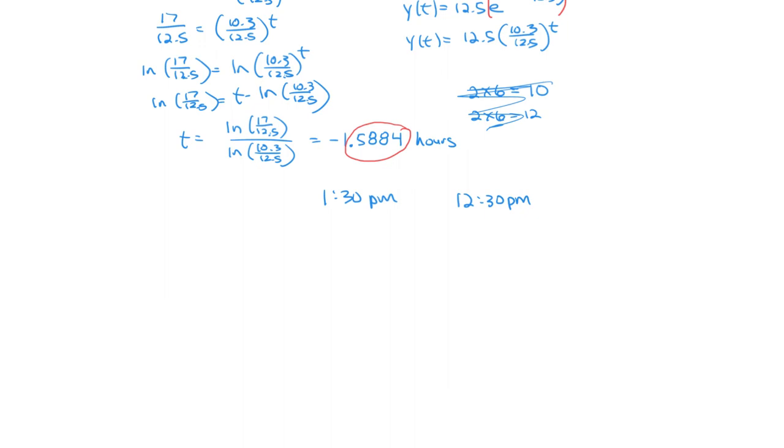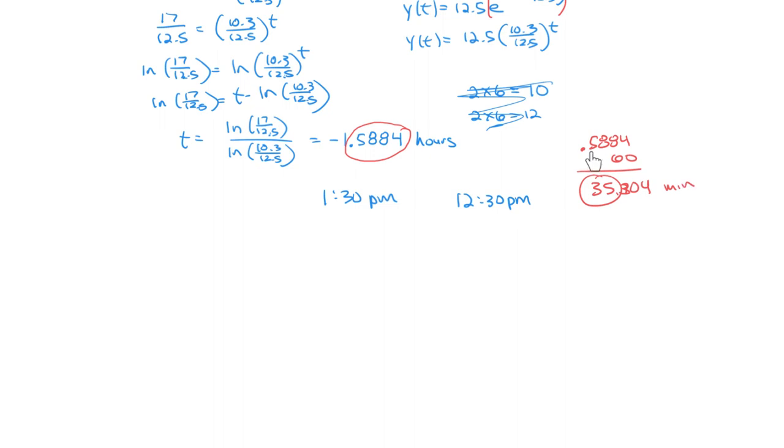Well, how do we convert hours to minutes? Well, we take the hours, multiply by 60, right? If I multiply 0.5884 by 60, I get about 35.304. But I'm just going to go with 35. So it's 35 minutes, which makes sense, right?